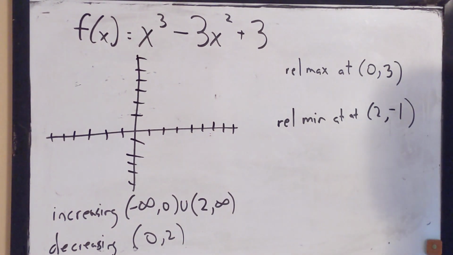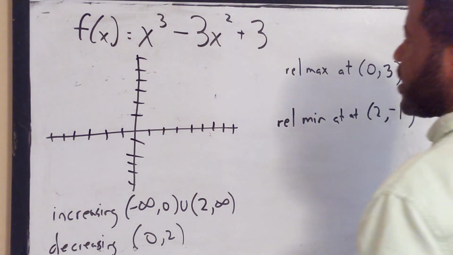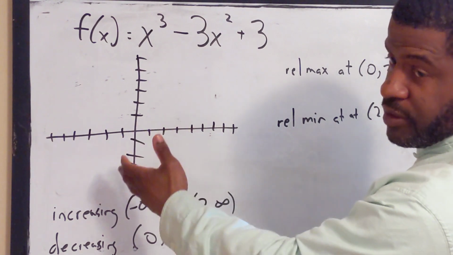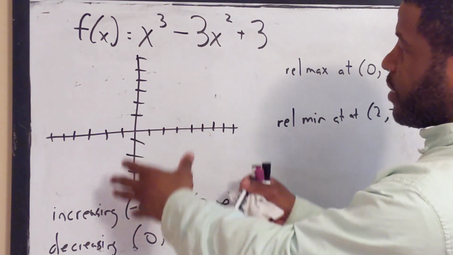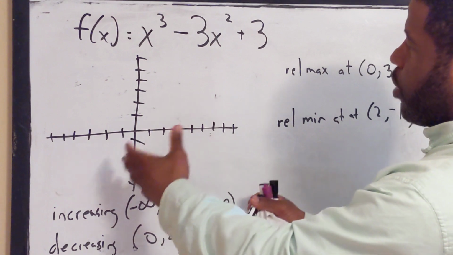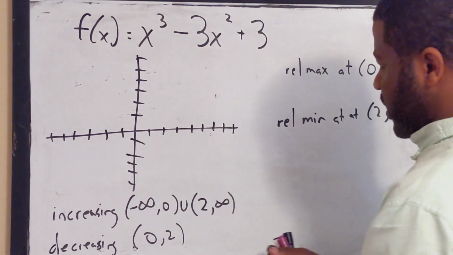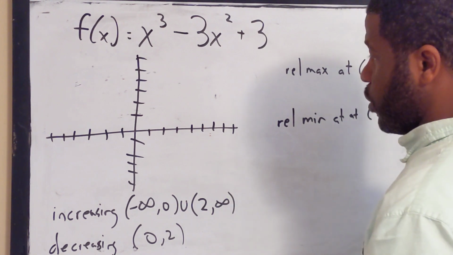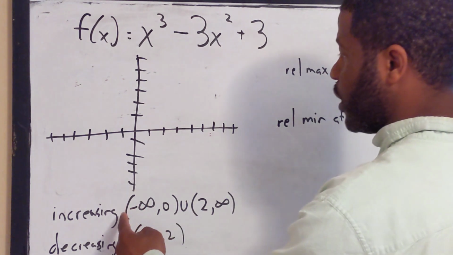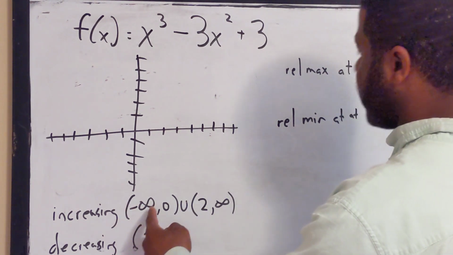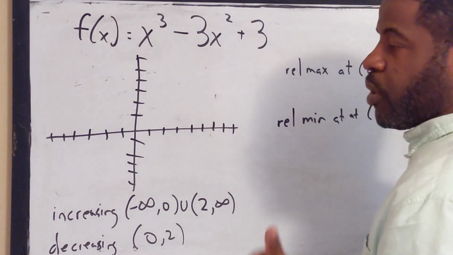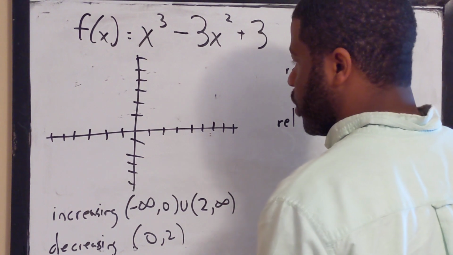Now, we know that this is increasing. Now, we will have to find our x-intercepts. For the sake of this video and the brevity, we won't do it right here, but we will have to find these x-intercepts to be specific. Okay, we'll do that. But for now, we know it's increasing from negative infinity to 0, and the maximum is at 0, 3. We want to find a rough sketch for what we're doing.